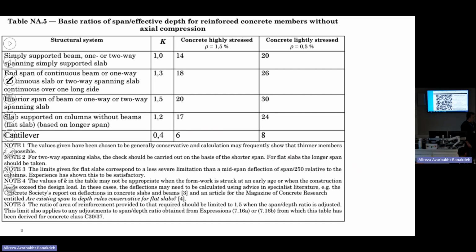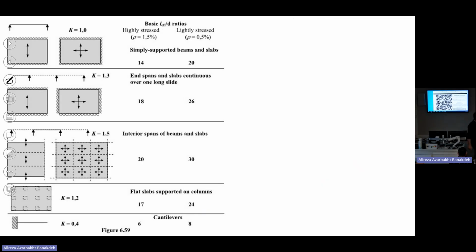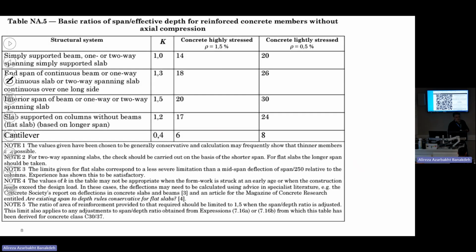And if you compare these values with these values, they are identical. They are the same. It means that in this section, Eurocode and national annex are the same. But these values are rough values for these cases. For example, simply supported beam, 1 or 2-way spanning simply supported slabs.